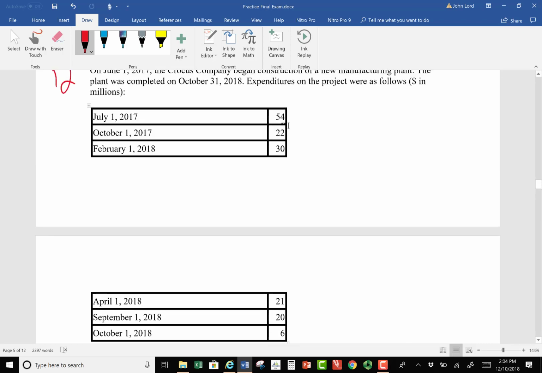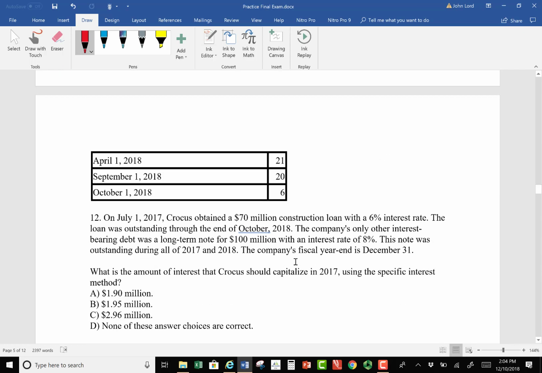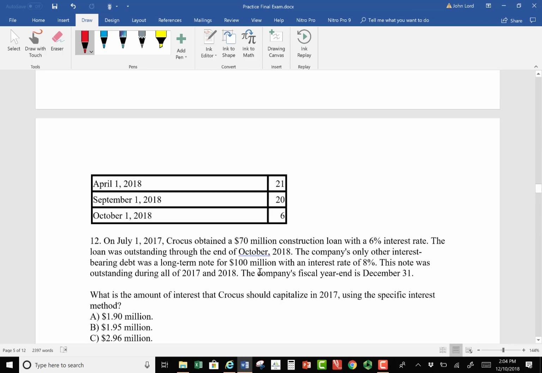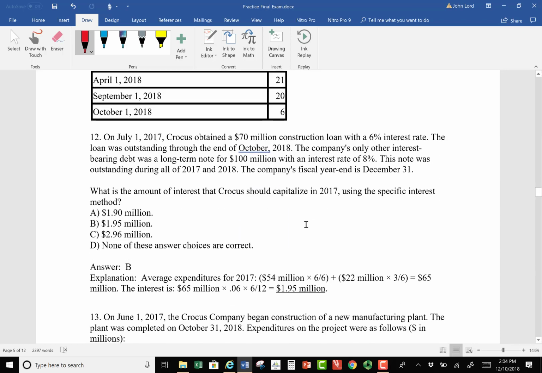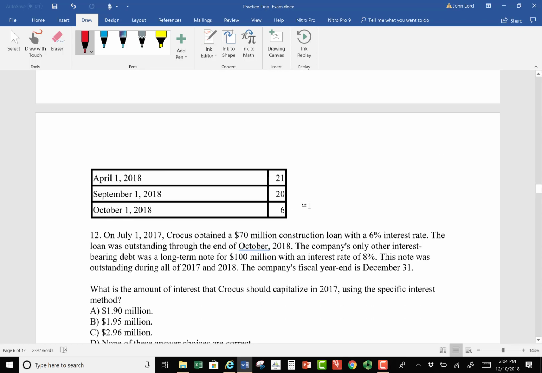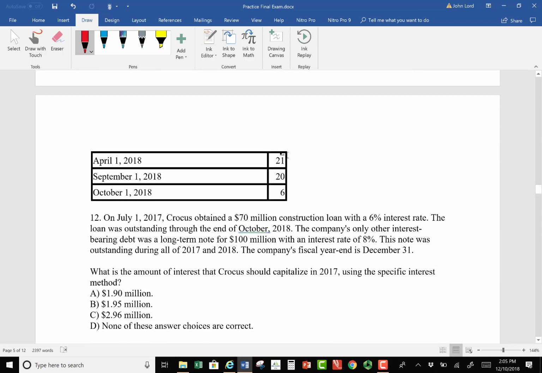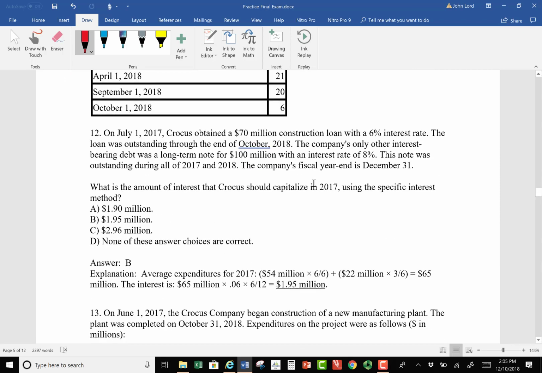Okay, so I don't care. That's where we're given the information, and then we have to use that information in this fact pattern down here to answer the question, right? Do you guys know what's going on here? They're giving me a table of information. I have to use that along with the paragraph information to answer this question, right?